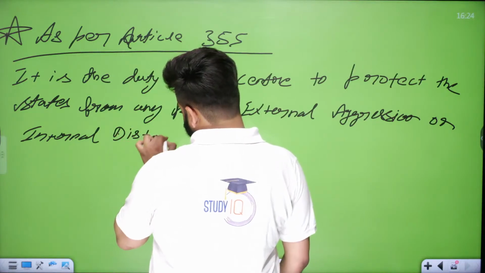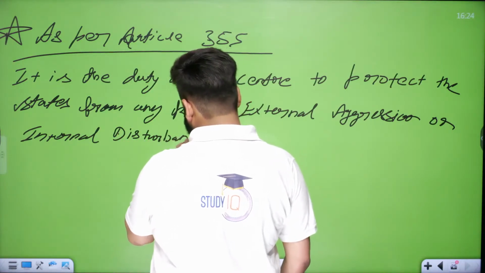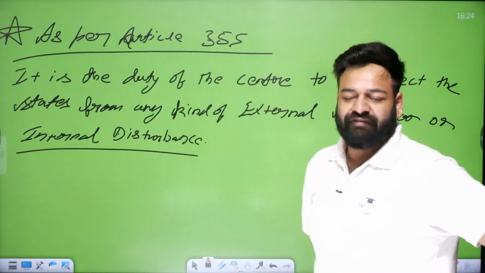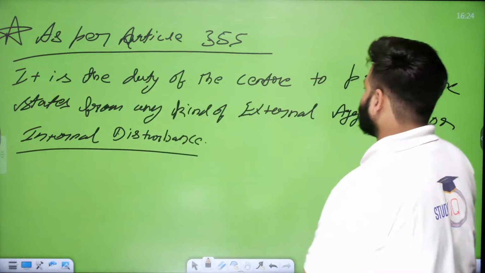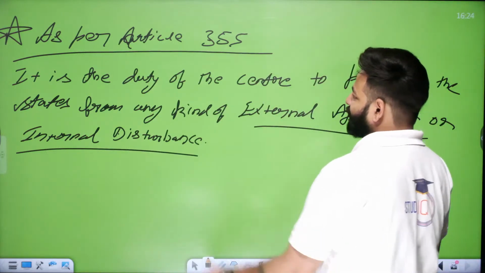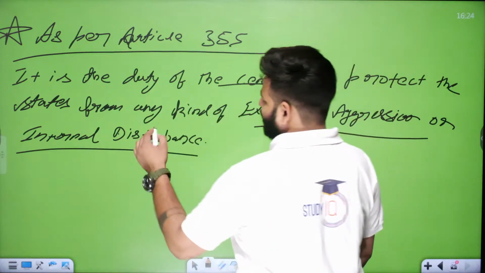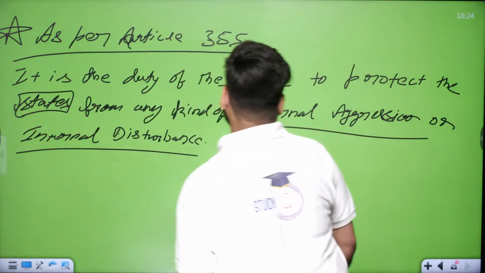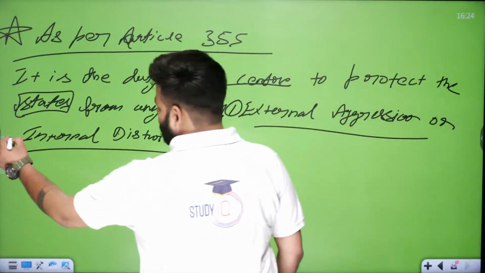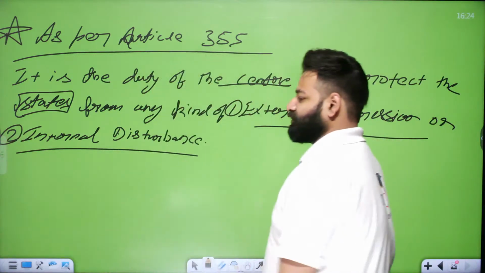Remember, the internal disturbance word has been removed from Article 352 only. It is still prevalent under Article 355. So it is the duty of the center to protect the states from, firstly, external aggression, and secondly, any kind of internal disturbance.